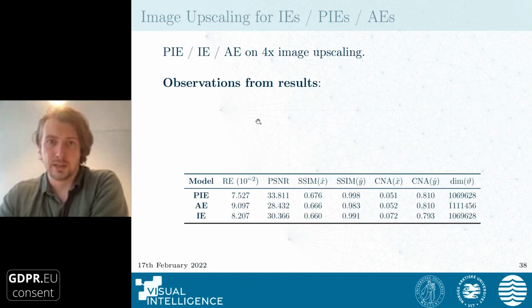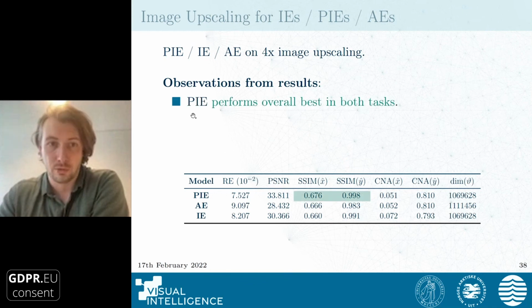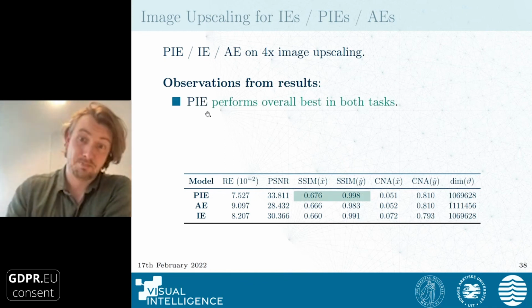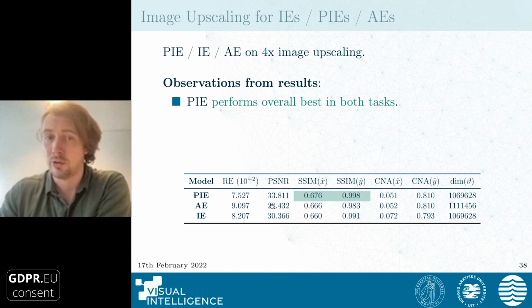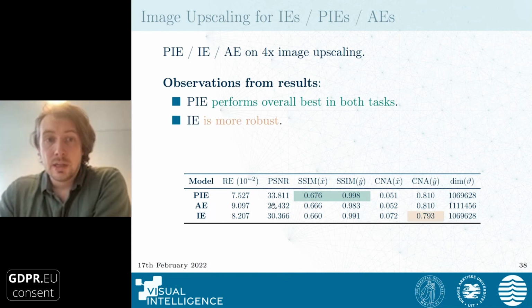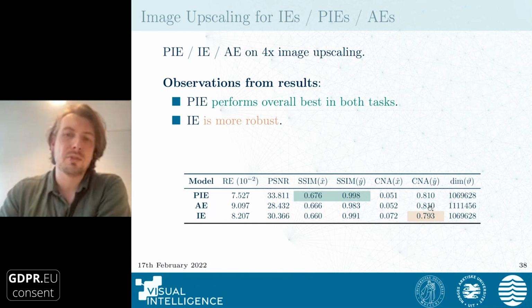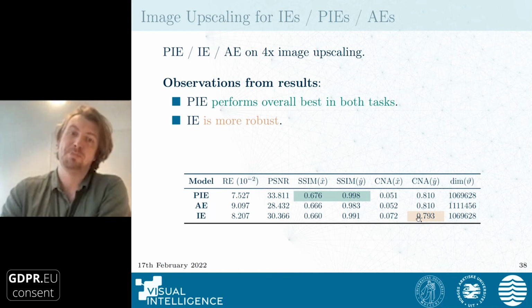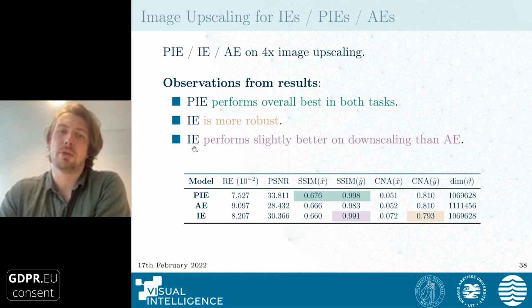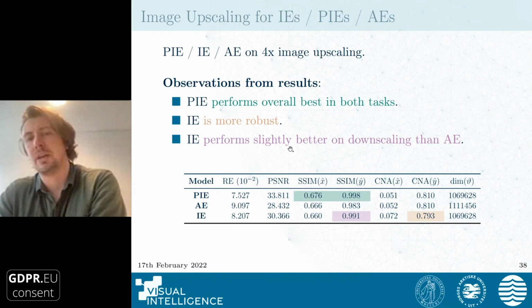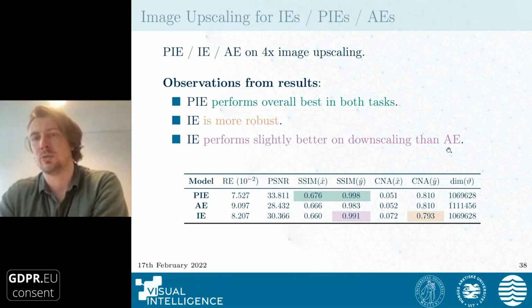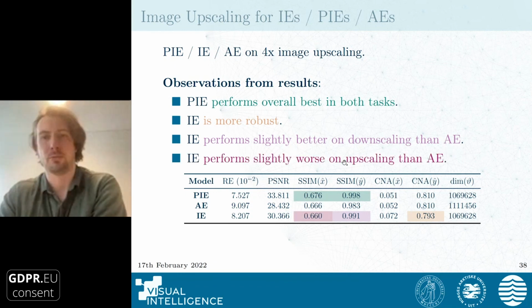However, in the observations, we can see that the pseudo-invertible encoder performed the best, which is good on its own. The invertible encoder turned out to be more robust, and actually this seems little, but it's quite a lot. And the invertible encoder performs slightly better on the downscaling task than the autoencoder. However, it performs slightly worse on the upscaling task than the autoencoder.